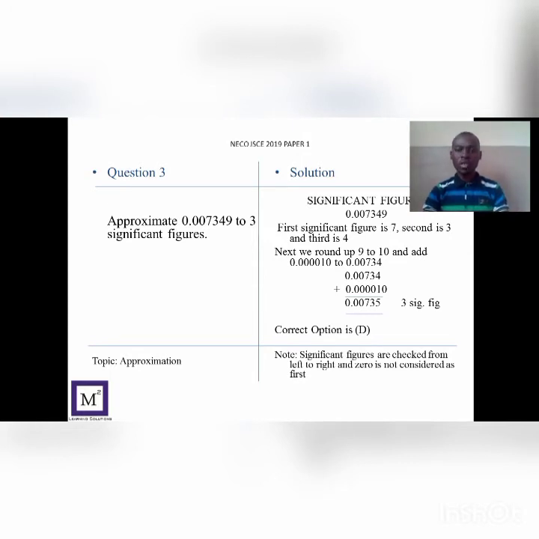Therefore, this 0 here cannot be the first significant figure, the 0 here cannot be, the 0 here cannot be, and the first significant figure is 7. The second is 3, the third is 4. And since we are interested in the third significant figure, we stop at 4 and round up 9.